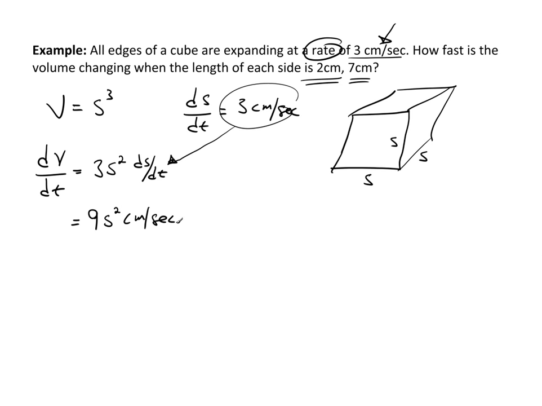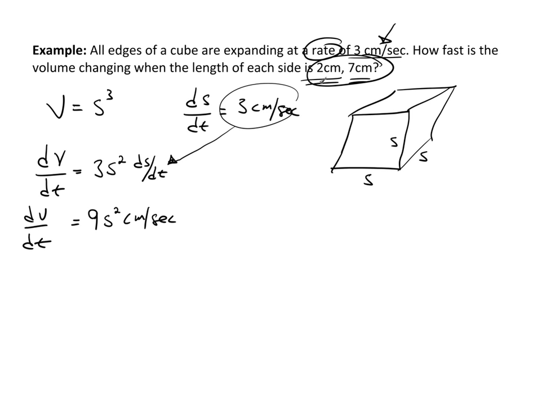centimeters per second. I'm going to keep my units with me here for a few steps, actually probably all the way through. Now what's being asked is, what's the rate of change of volume? Because remember, this is dV/dt. What's the rate of change in volume with respect to time when, and I was given these two different lengths.